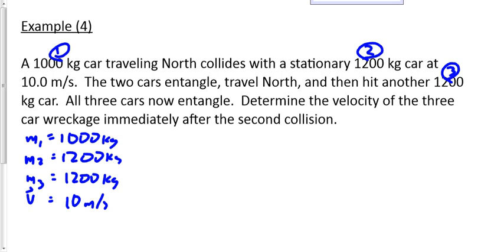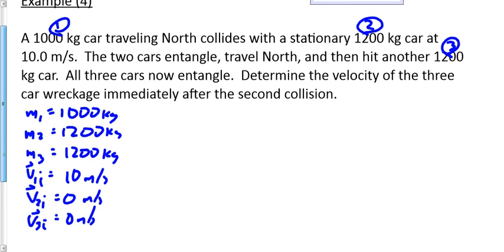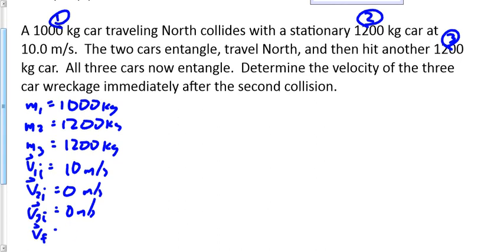What is it? It is V1. Is it V1I or is it V1F? Good, it's V1I. What's V2I? 0. What's V3I? 0. I'm going to write those down as well. V2I is 0, and V3I is 0. And I'm looking for VF, right? The final velocity of this whole wreckage.